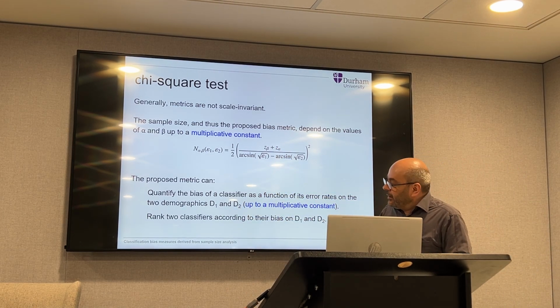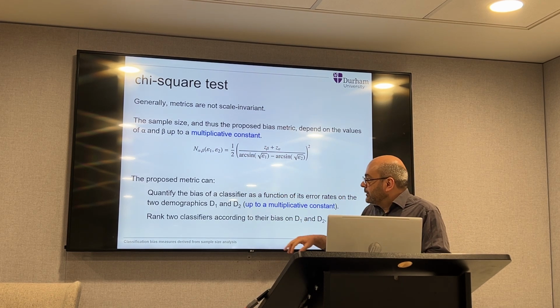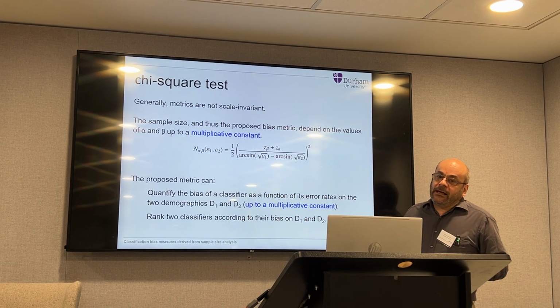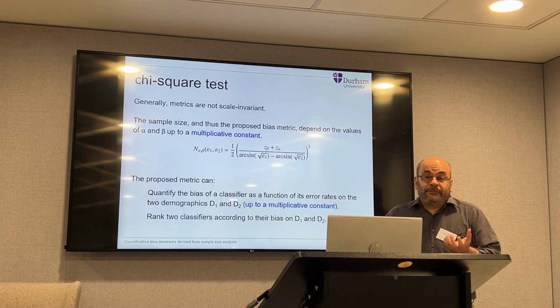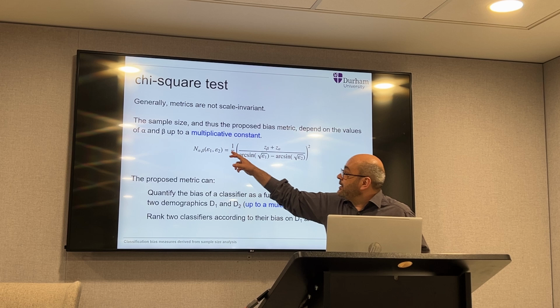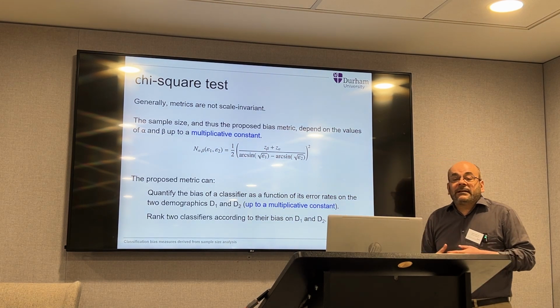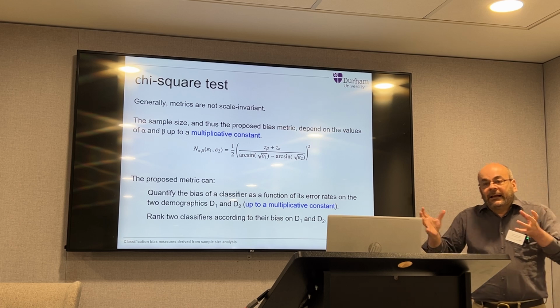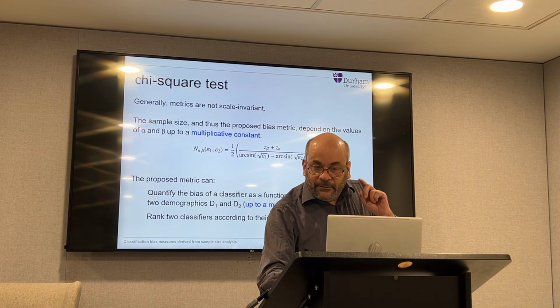What I can do without worrying about multiplicative constants is to rank the two classifiers. If the sample size required for one classifier is larger than the sample size required for the other classifier, then it will always be the case irrespective of alpha and beta.